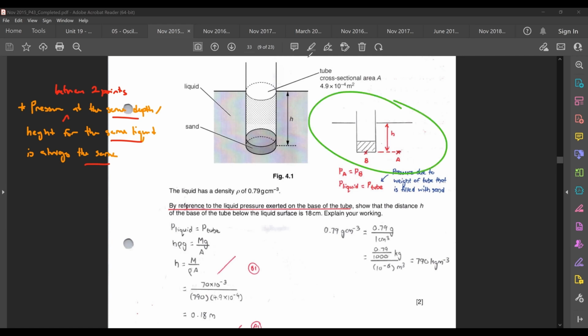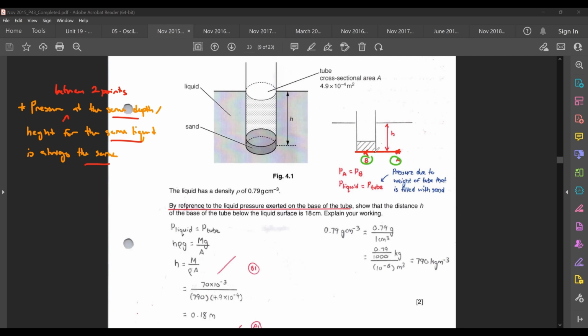This is another separate draw out of the existing diagram. So let's just consider this particular depth here, where you have point A and you have point B. Okay, you have point A and B here.